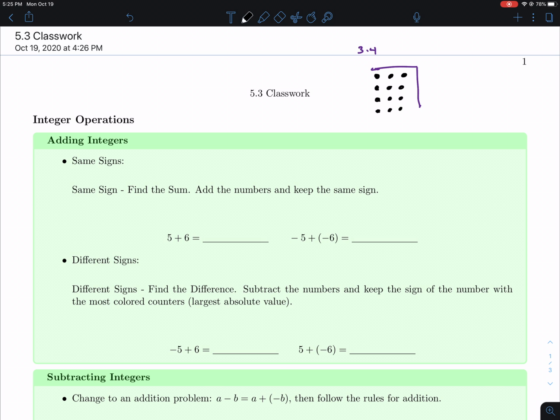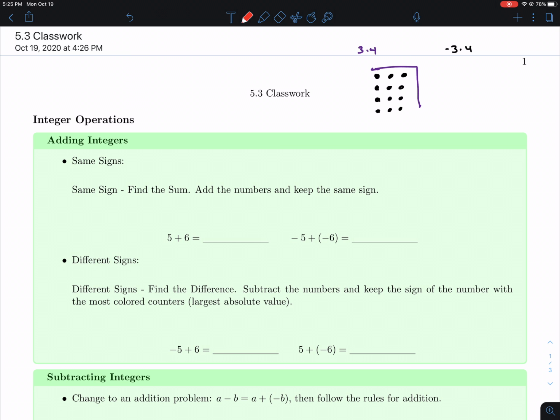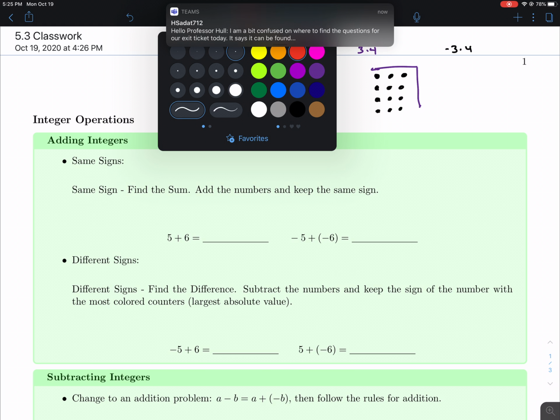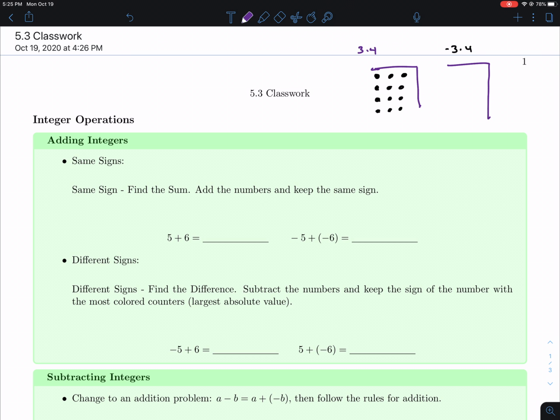And so you can do the same thing if it were negative 3 times 4. So the only difference is, let me do purple first. If we're doing negative 3 times 4, then again I've got 3 reds, and so I want 4 rows of those 3 reds.